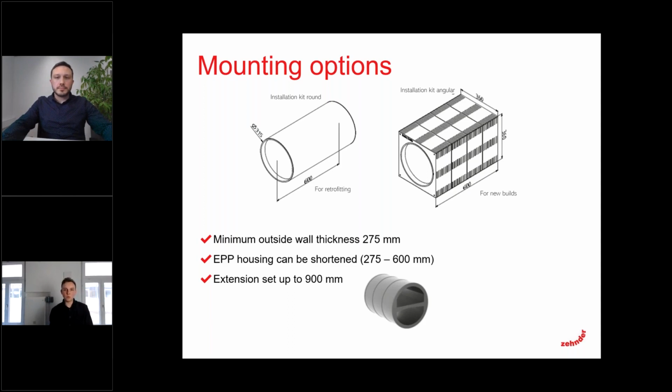The minimum outside wall thickness for our decentral units is 275 millimeters, and the EEP housing, which includes the whole technique, has a length of 600 millimeters, can be shortened to 275 millimeters, or even extended with the extension set up to 900 millimeters. So for any application, you will find a solution with these products.